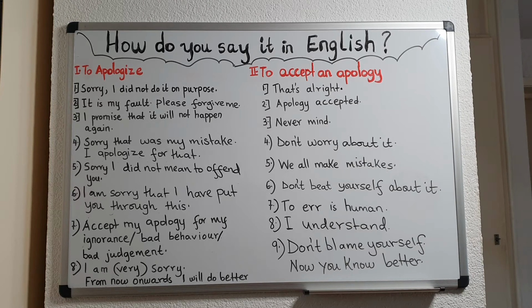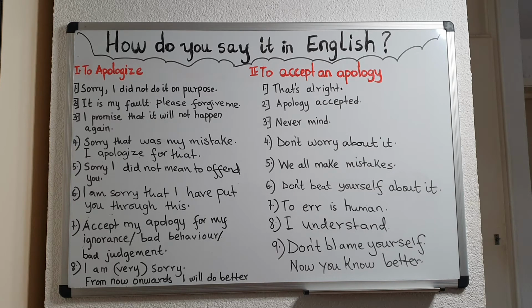The first one is you can say, "Sorry, I did not do it on purpose." What that means is that although you hurt the person, you did not plan to do it. It was not your intention to hurt them.